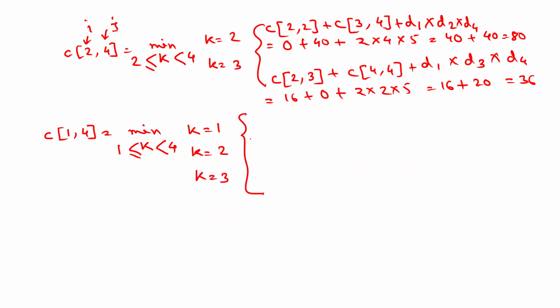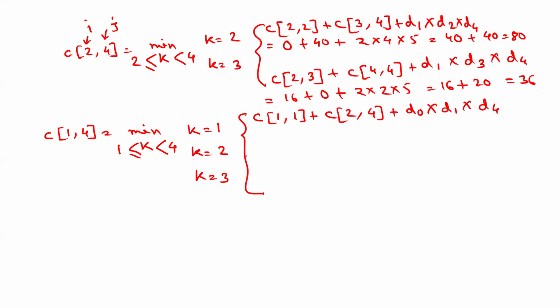When k equals 1, the formula is C[i,k], i is 1, k is 1, plus C[k+1, j], 1 plus 1, 2, and j is 4, plus d[i-1], here i equals 1 so d0, into dk, that is 1, into dj, 4.